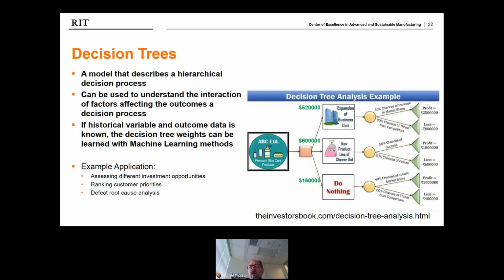So some other applications of decision trees include ranking which customers should have higher priority in terms of job scheduling, defect root cause analysis on the shop floor, or the outcome of changing inventory levels on operations and profitability, for example.